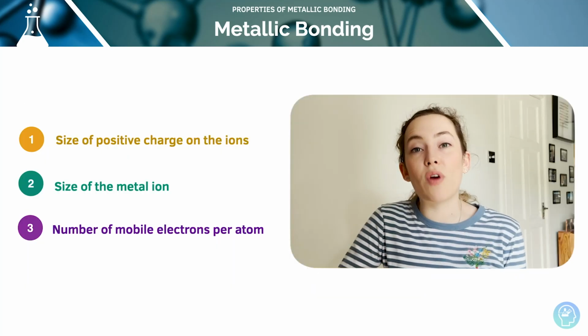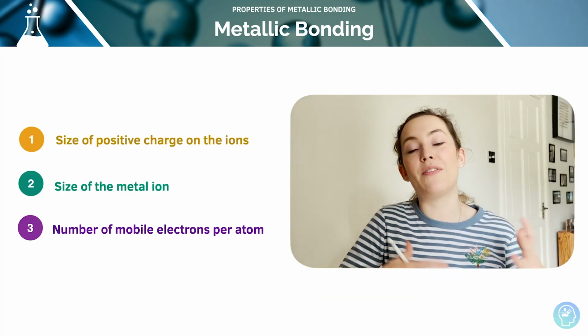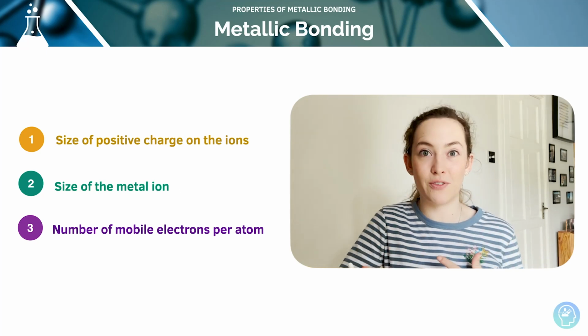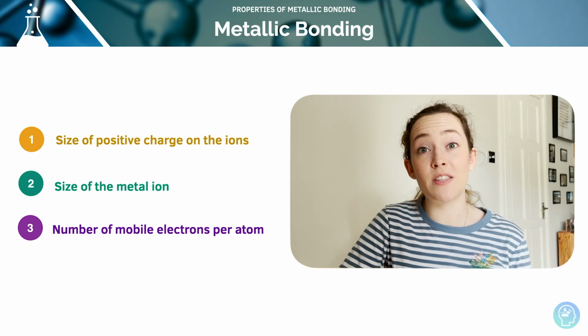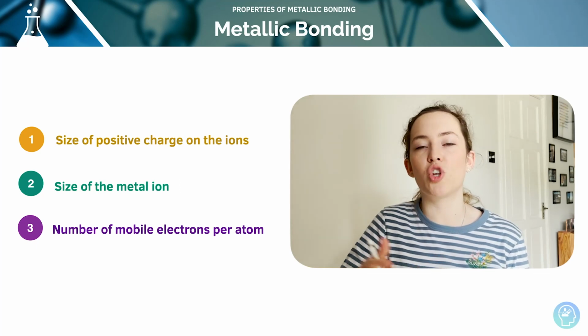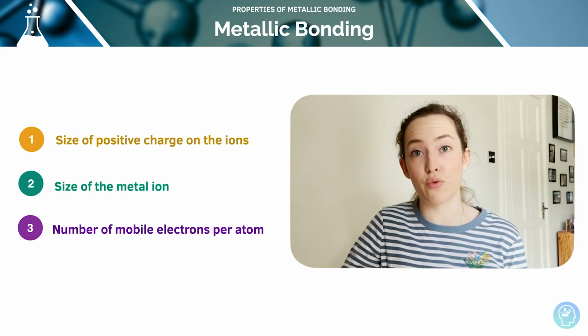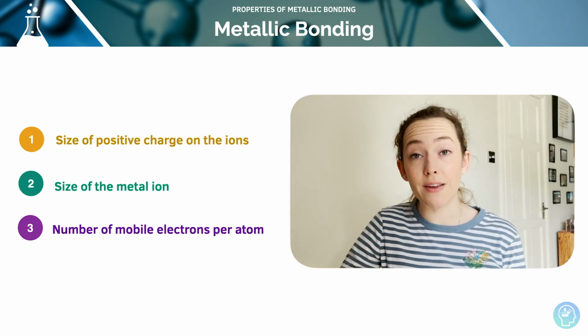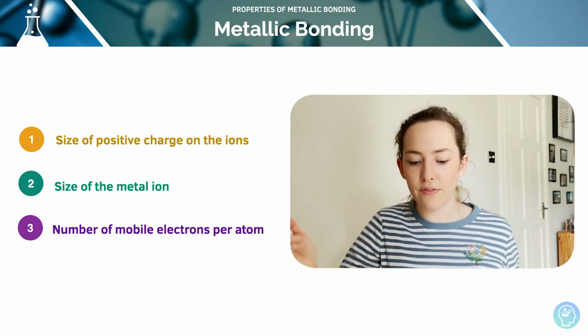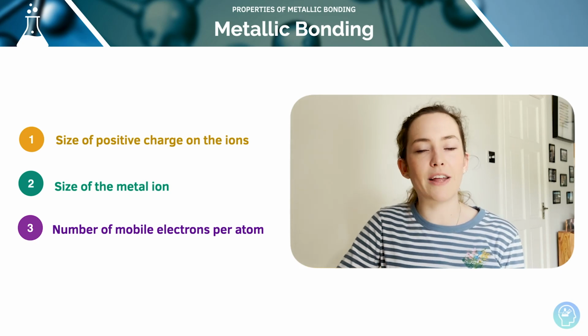When we think about the strength of metallic bonding, we need to be able to compare the strengths of the different metals in the periodic table. And it depends on the size of the positive charge. So is it in group 1, 2 or 3? Does it form 1+, 2+ or 3+ ions? The size of the metal ion in terms of the radius, how large, how many shells does it have, and the number of mobile electrons per atom.